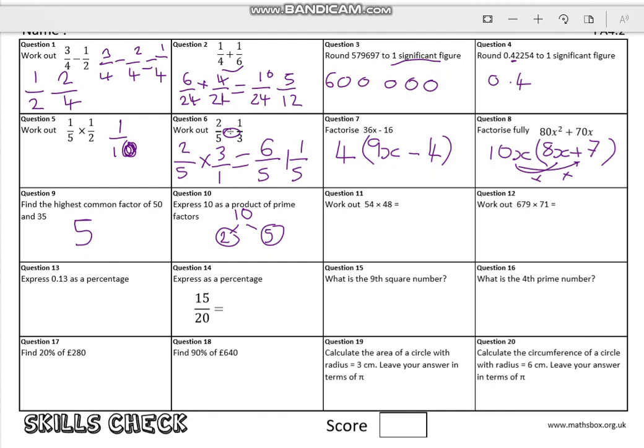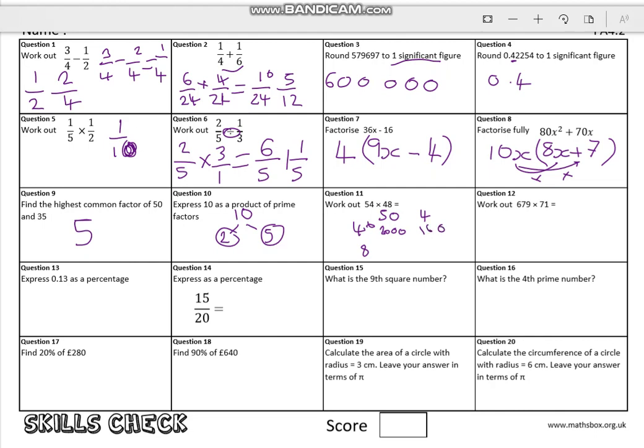So the next one, we've got 54 times 48, so we were doing this using the box method. If you remember, we always have 50, and we have 4, and we have 40, and we have 8. Okay, so then we can just do them all together. So 40 times 50, we would do 4 times 5 is 20, and then add our 2 zeros. Then we would have 4 times 40, which would be 160.